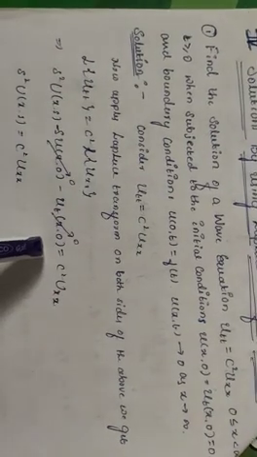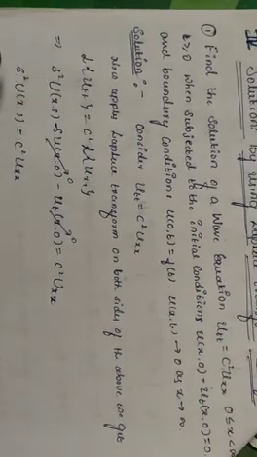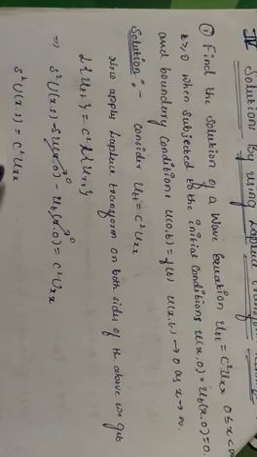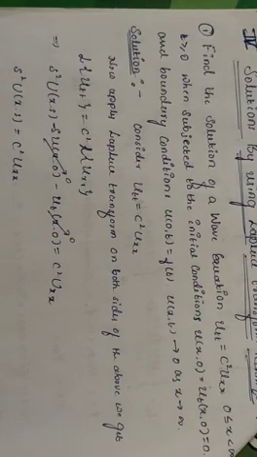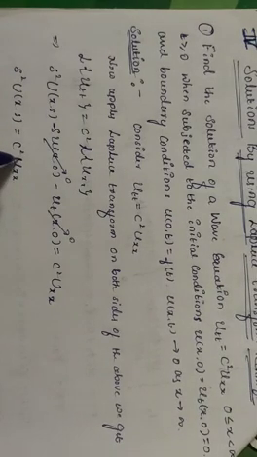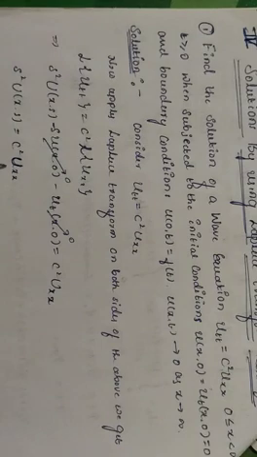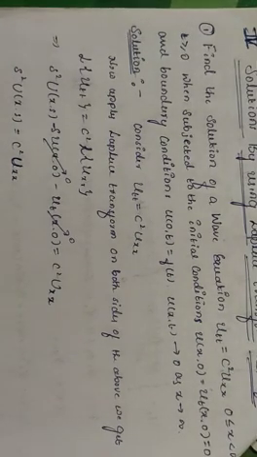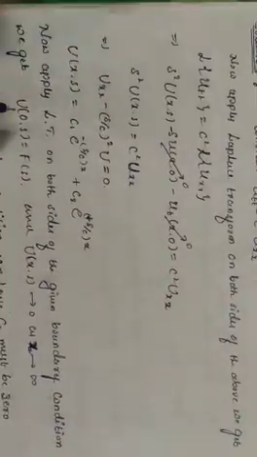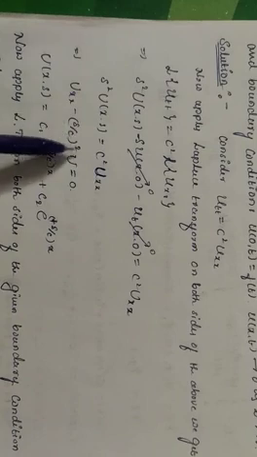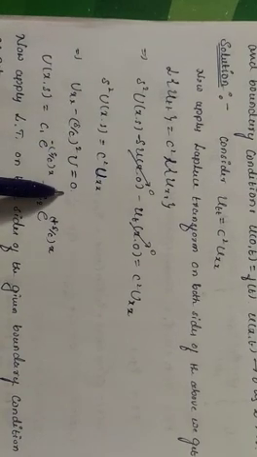Then the remaining equation becomes s square into capital U of x comma s equals c square into second order derivative of capital U, this is not small, this is capital U, with respect to x. Now dividing this equation by c square on both sides and rearranging, we get second order derivative of U with respect to x minus s by c whole square into capital U equals 0.